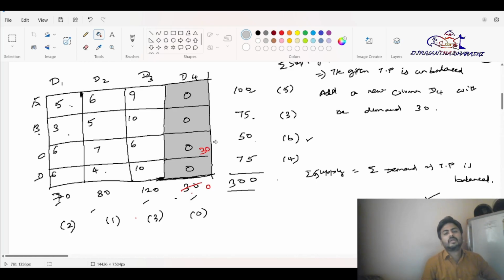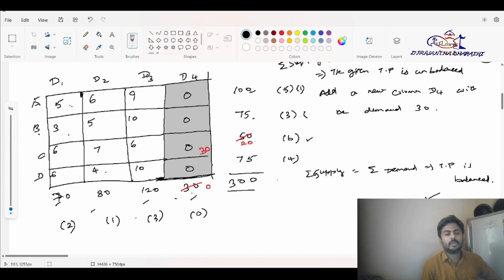Okay, now from the remaining quantities you have to find the penalty. So here 5 and 6 is there, so it will be 1. Since you have used 30 here, these 50 should be subtracted by 30, so it will become 20. Now here the difference is same, right?